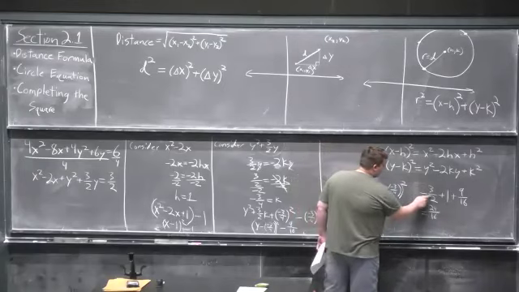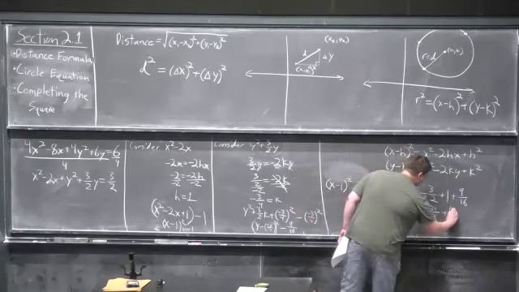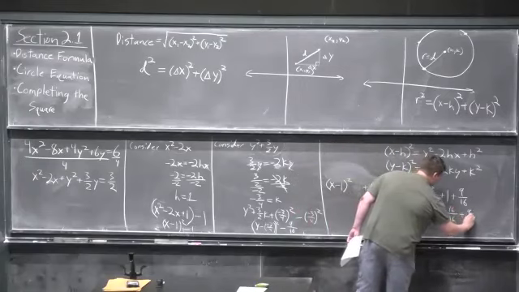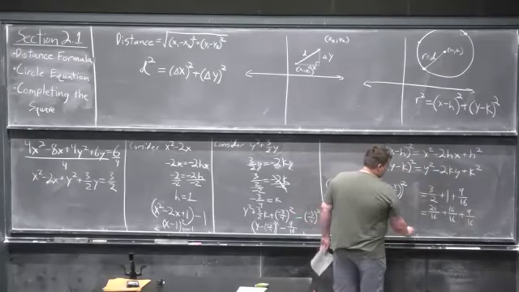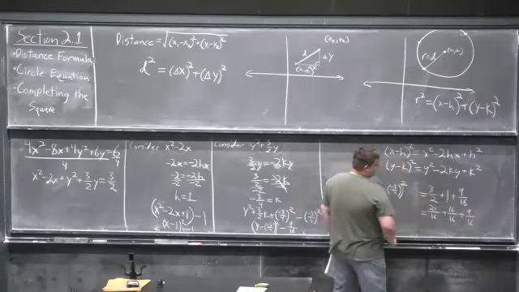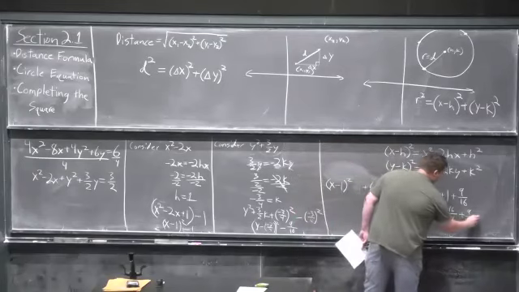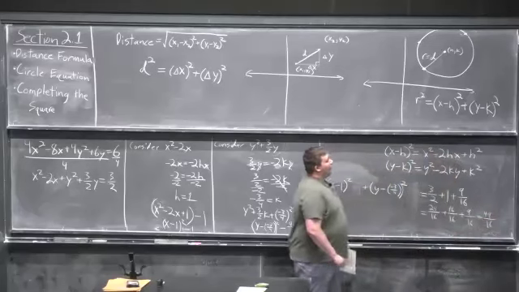So that's how I got 24/16. Plus 16/16 plus 9/16. And 24 plus 16, that is 40, plus 9, that's 49. I get 49/16.